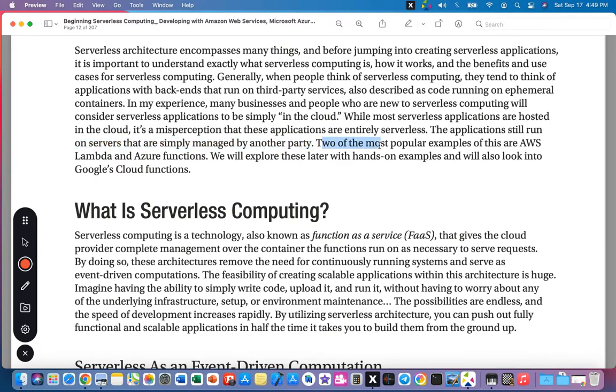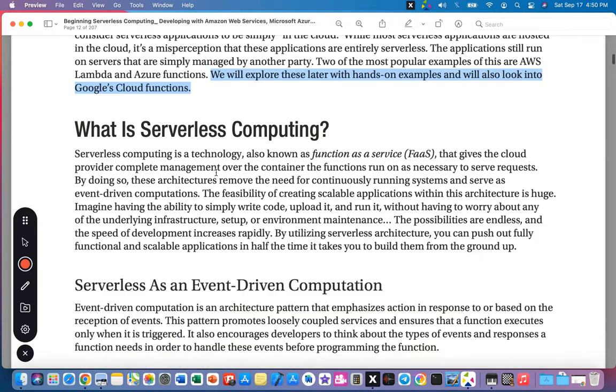Two of the most popular examples of this are AWS Lambda and Azure Functions. So we have AWS, Amazon Web Services, Lambda, and we have Azure Functions. They are both serverless computing. We will explore these later with hands-on examples, and we'll also look into Google's Cloud Functions.